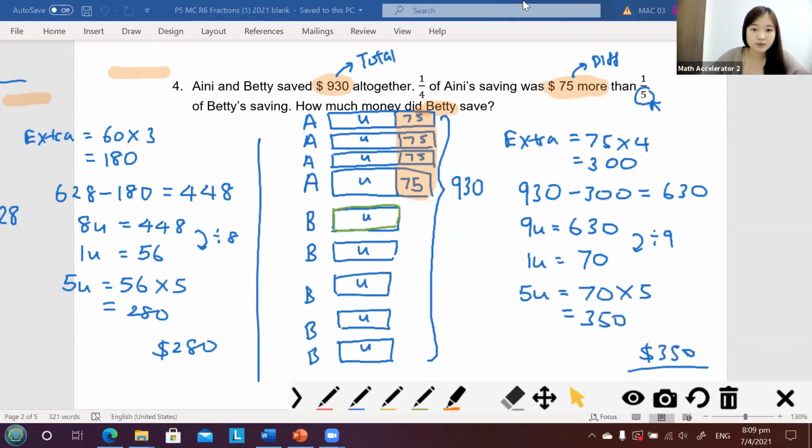If you didn't get it, please add in the correct steps. Those of you who got 350, well done. If you didn't, it's okay, you learn from your mistakes. Copy down the correct one.